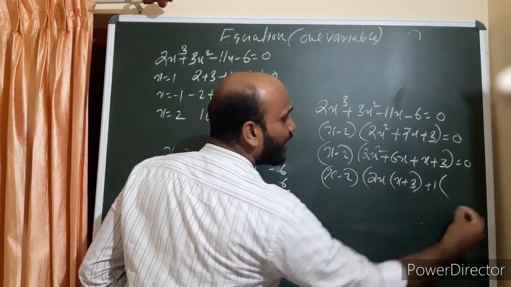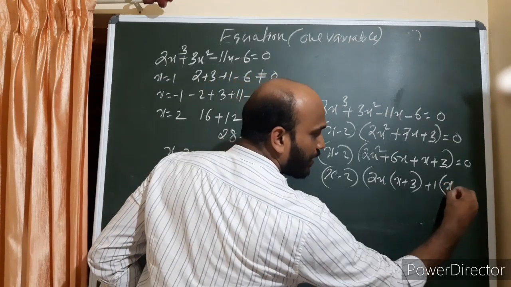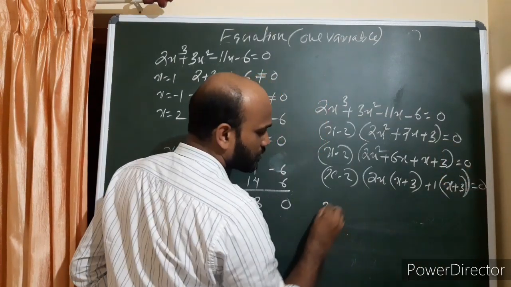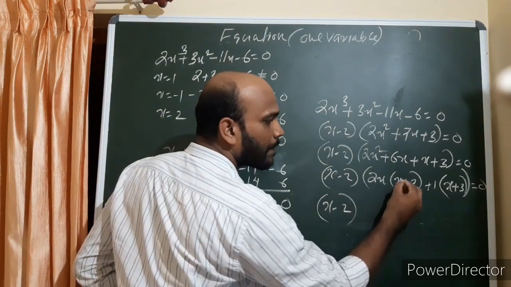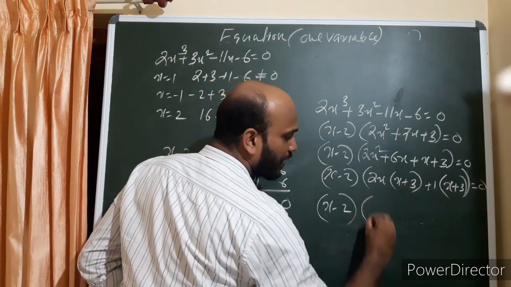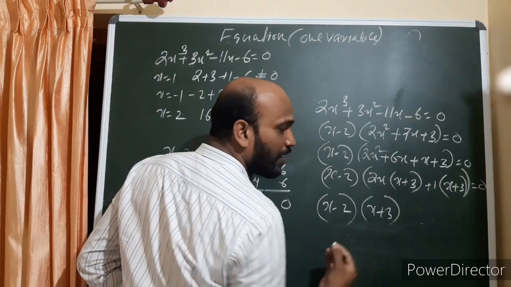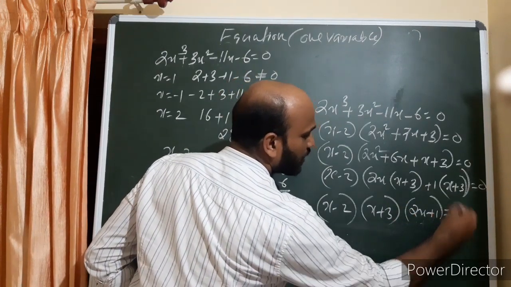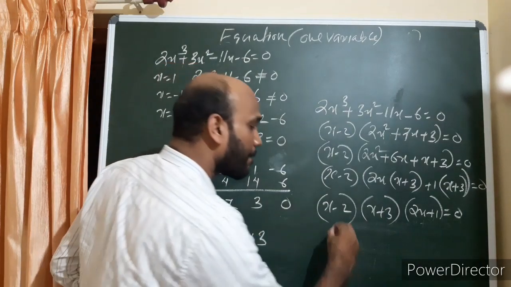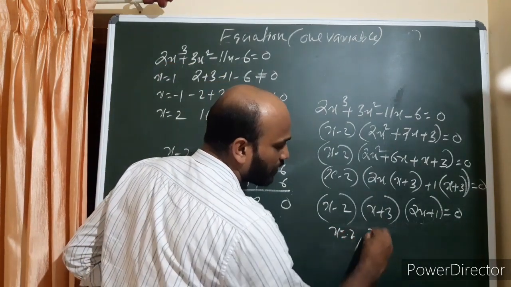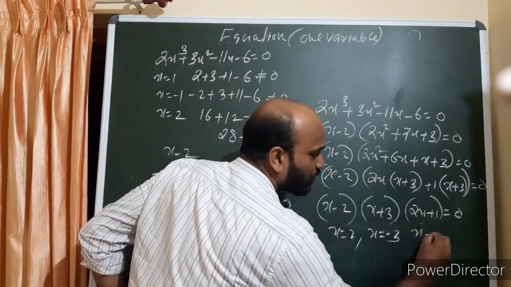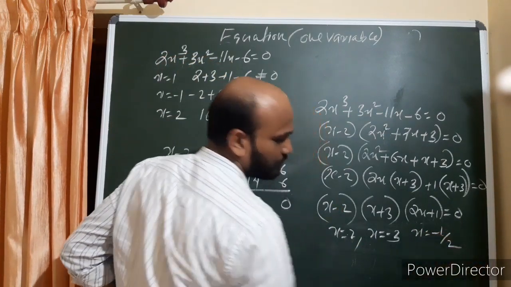So you can take 1 as common, remaining x plus 3 equal to 0. So x minus 2 into, from these two terms you can take x plus 3 as common, remaining will be 2x plus 1 equal to 0. So the solutions are x equal to 2, x equal to minus 3 and x equal to minus 1 by 2.